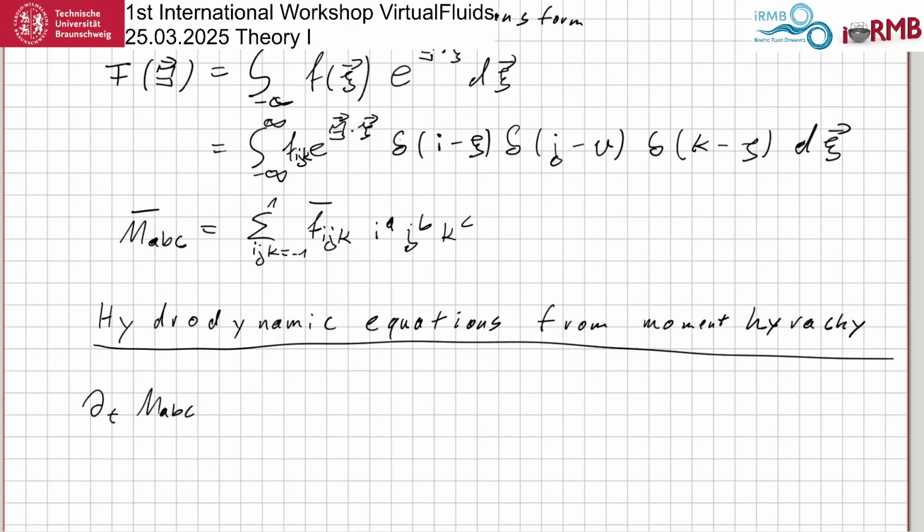And the way this happens, if you take the moment A, B, C of the entire equation, you get the time derivative of that moment plus the spatial derivatives of the moment with A plus 1 in x. This is why it's important that they are countable.